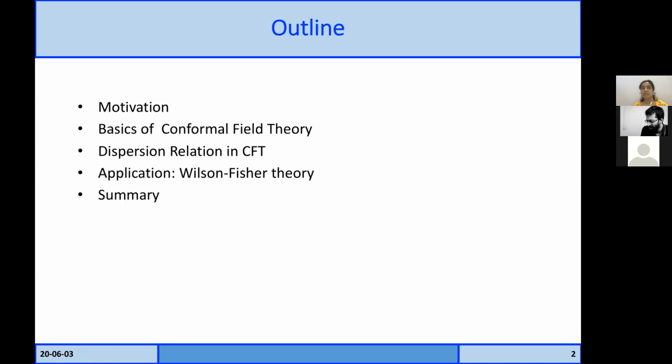Here by observables, I mean how to compute correlation functions in a conformal field theory. This is related to the idea of conformal bootstrap and dispersion relations in CFT. After I set the stage for this, I will move on to discuss the application. I will discuss how to use this dispersion relation in the context of Wilson-Fisher theory. And finally, I will conclude.